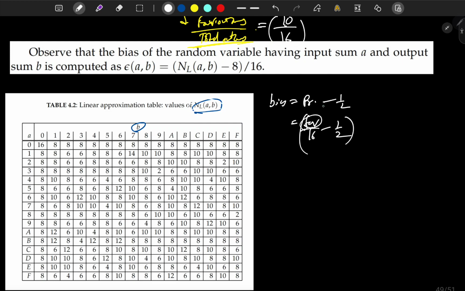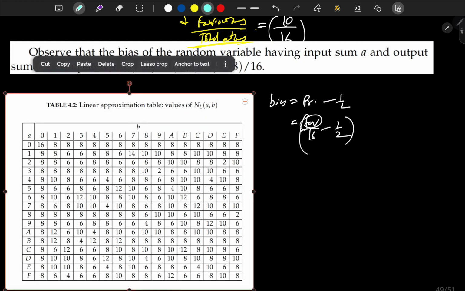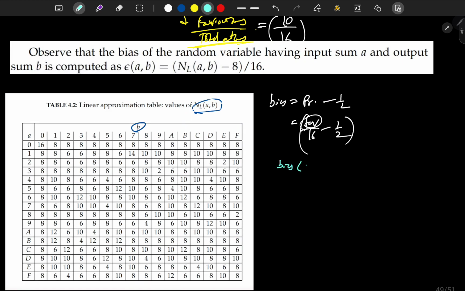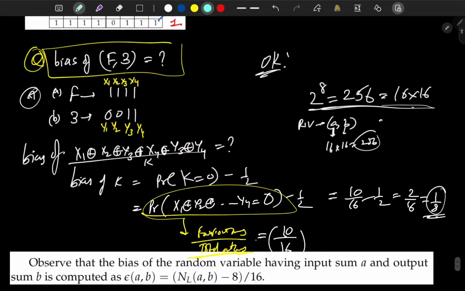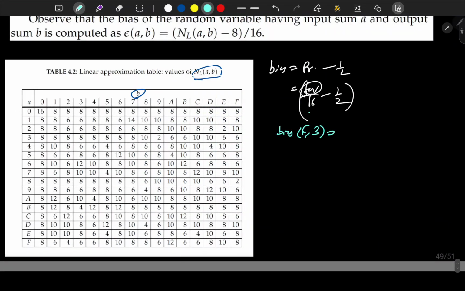Okay, simple thing, basics. So now tell me what will be the bias of f comma 3. So f comma 3, you can see this table very fast, and you can proceed. 6 by 16 minus 1 by 2, so minus 2 by 16, minus 1 by 8.